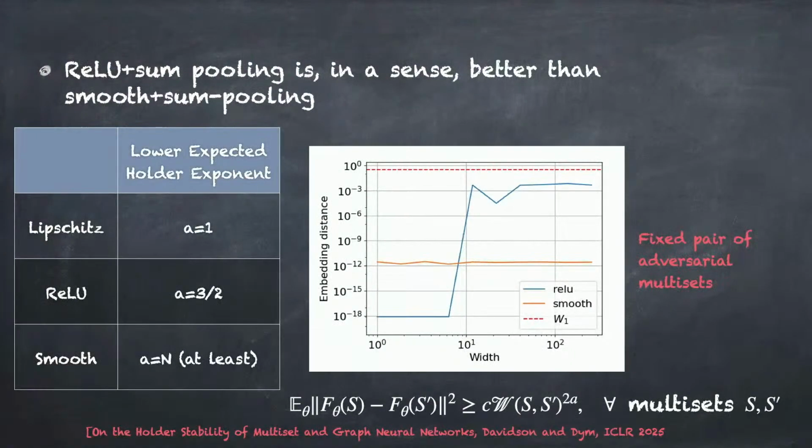We can show that the Holder exponent of ReLU is 3/2. So it's not lower Lipschitz, but it has a Holder exponent which maybe you can live with. Smooth functions always have a Holder exponent of at least n, where n is the maximal number of points in the multiset. So the roles are reversed. Maybe that leaves us confused, but the main thing we're interested in is building something which is Lipschitz.